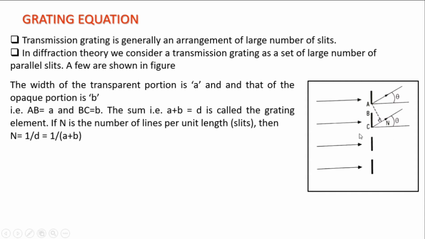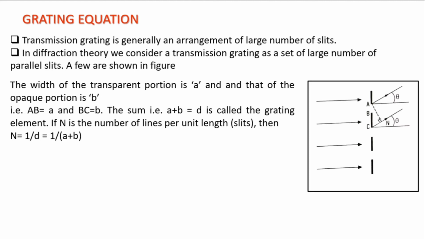Here we can see a number of slits, and in a grating usually there are a large number of slits that we can draw, like we can extend the figure. Here actually only 1, 2, 3, 4, 5 slits are there, but in actual case there are N number of slits.